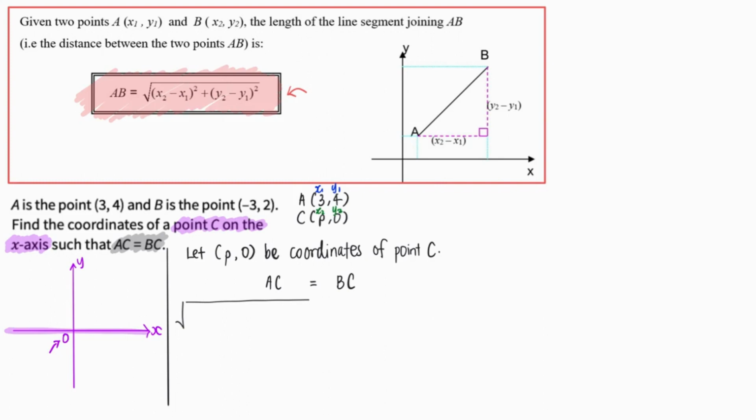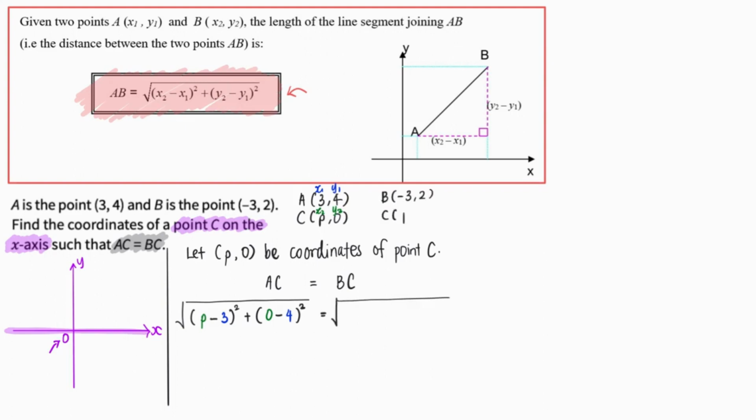So that will be what you are going to see here, where I have my P minus 3 square plus 0 minus 4, all positive value, so I did not put a bracket. So on the other end, my point B is negative 3, 2.